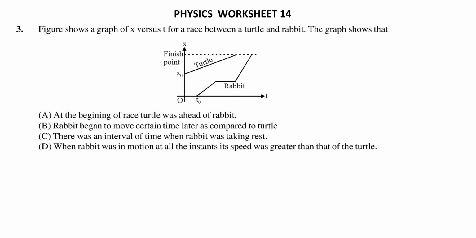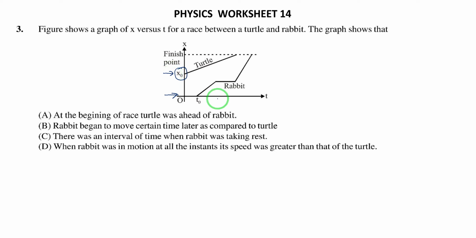So this question number 3, it is a race between a turtle and a rabbit, and what we see from the graph is that the turtle has started at some point. So at t equals 0, the rabbit has started from the origin x equals 0, but the turtle has started a little ahead, right?